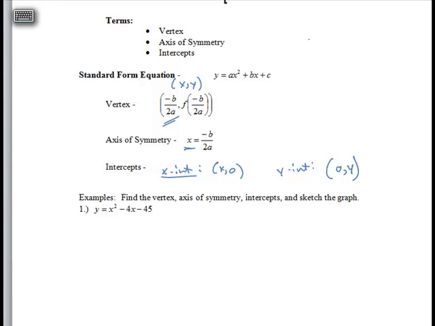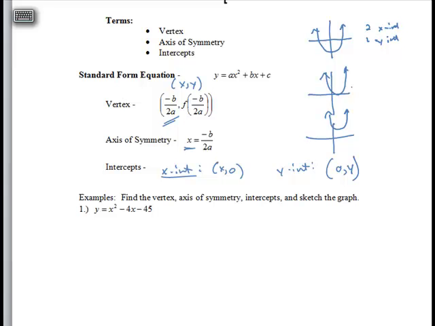Now, given a parabola, we're going to look at three different graphs of parabolas here. In the first example, this parabola, this graph, obviously has two x-intercepts, but only one y-intercept.